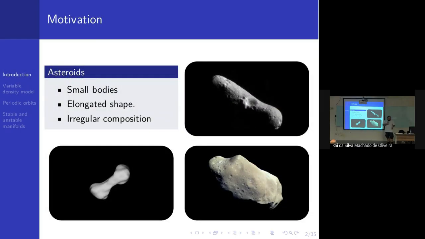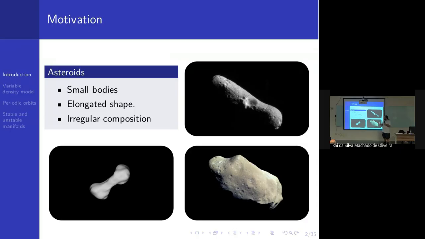So I would like to begin with a little bit of motivation. Asteroids are small, rocky, celestial bodies that are found in the solar system. Although they can have many shapes, elongated asteroids are quite common. For example, here we can see Cleopatra or Eros 433 or Haida that has an elongated shape.